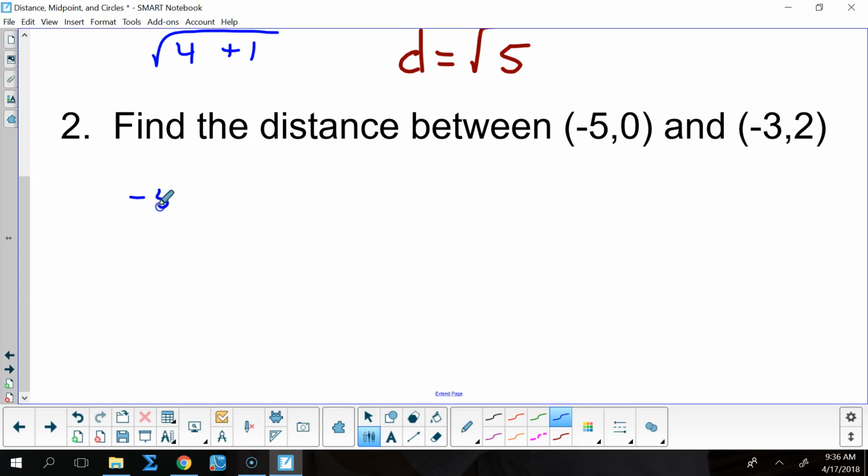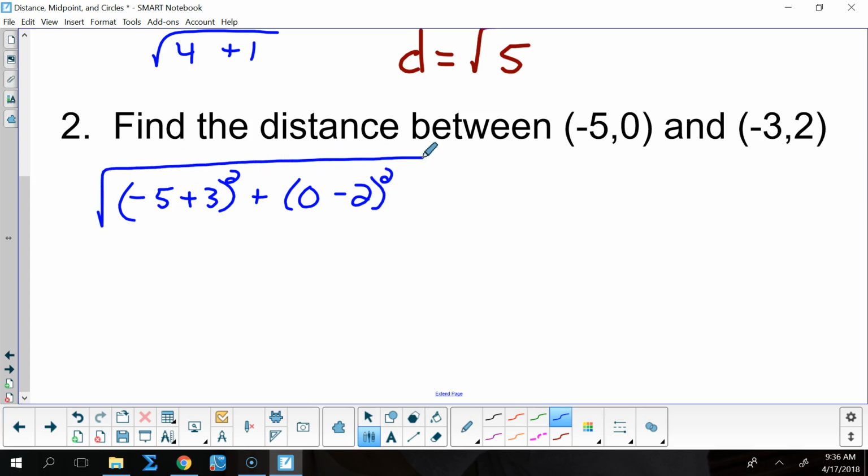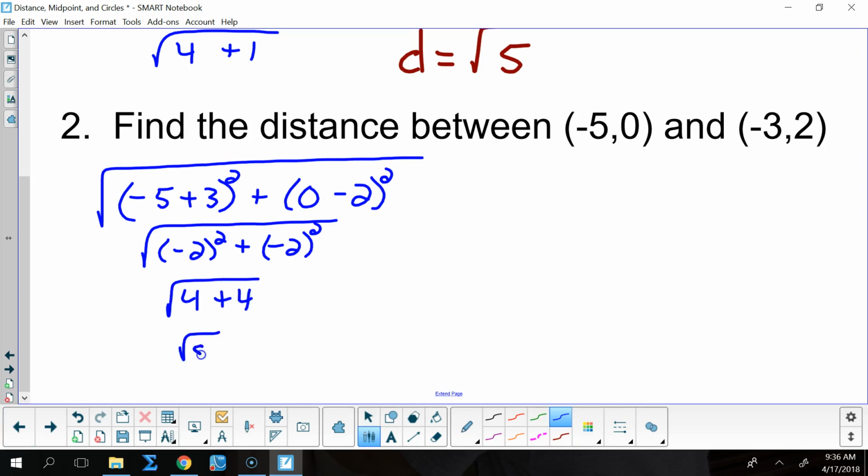So we've got -5 minus -3 quantity squared plus 0 minus 2 quantity squared, and that is all going to be square rooted. So that's going to be the square root of -2 squared plus -2 squared, which is 4 plus 4, the square root of 8.